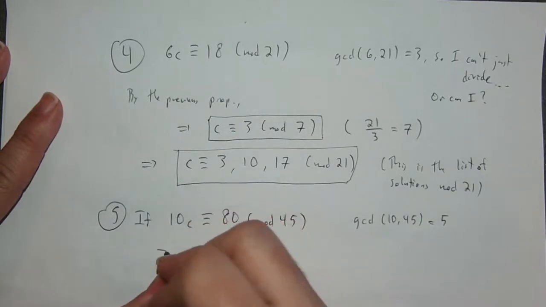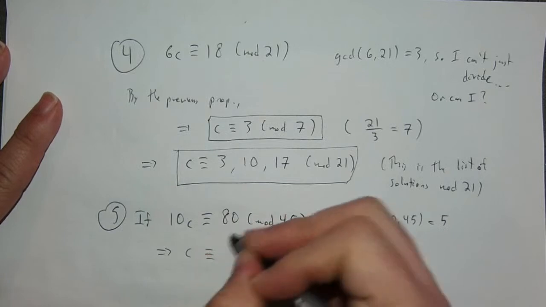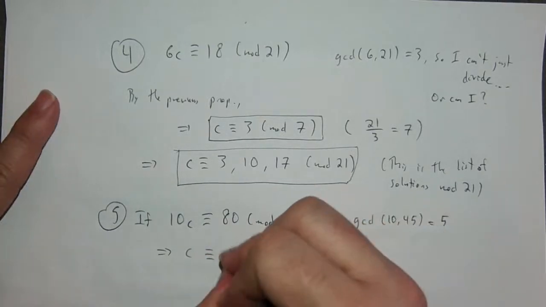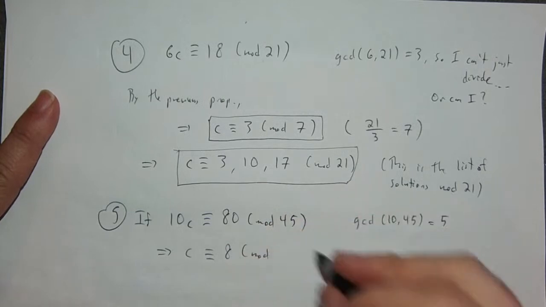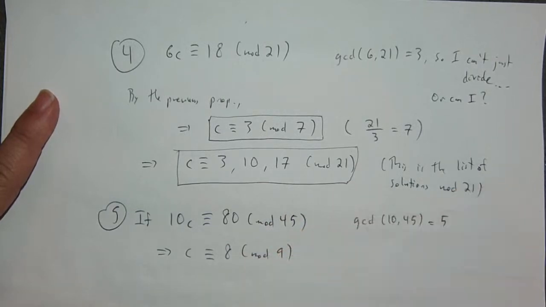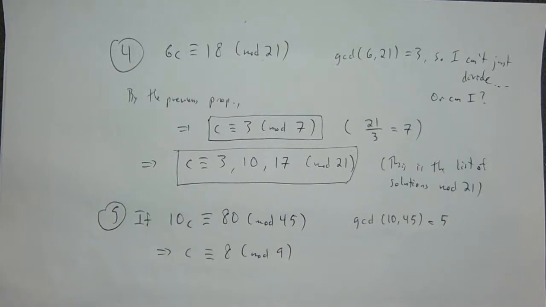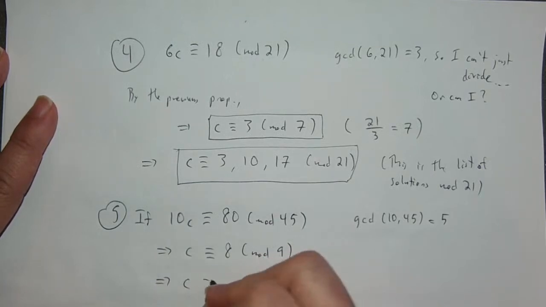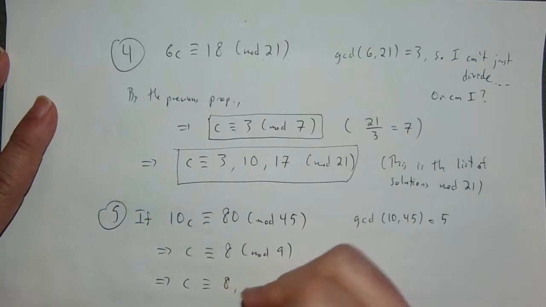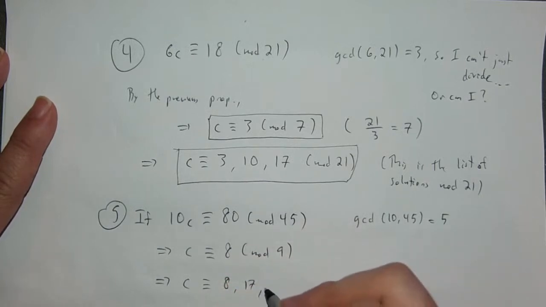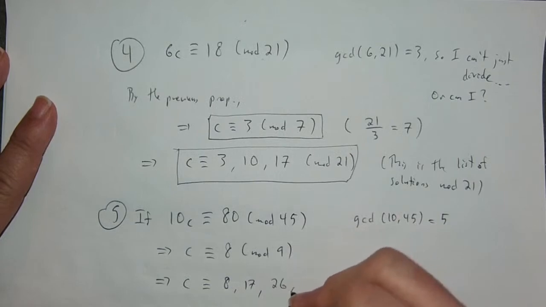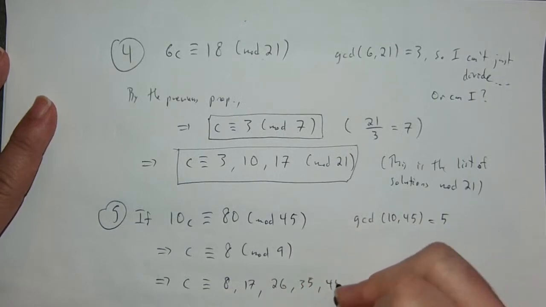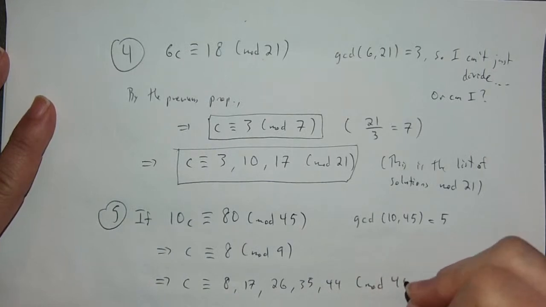So C is congruent to 8 mod 45 divided by 5, so that's mod 9. But of course I wasn't interested in solutions mod 9, I was interested in solutions mod 45. So mod 9, my solution's just 8, but I get a list mod 45, so I would get 8, 17, just keep adding multiples of 9, so 26, 35, and 44. Mod 45, this is the list.